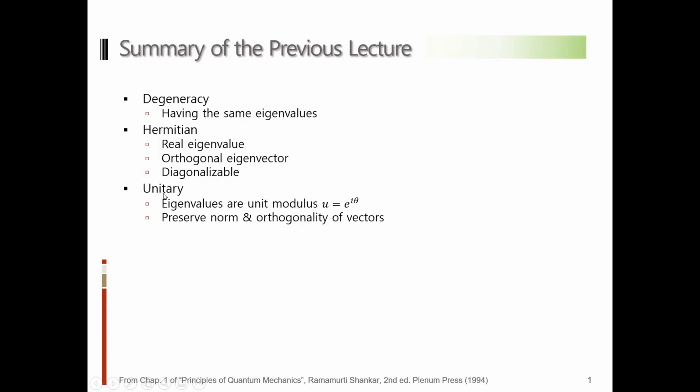Another important property is that even if we apply the unitary operator on some vector, the length of the vector will be preserved. And also, similar to the Hermitian operator, if the unitary operator is non-degenerate, then all the eigenvectors will be orthogonal to each other.